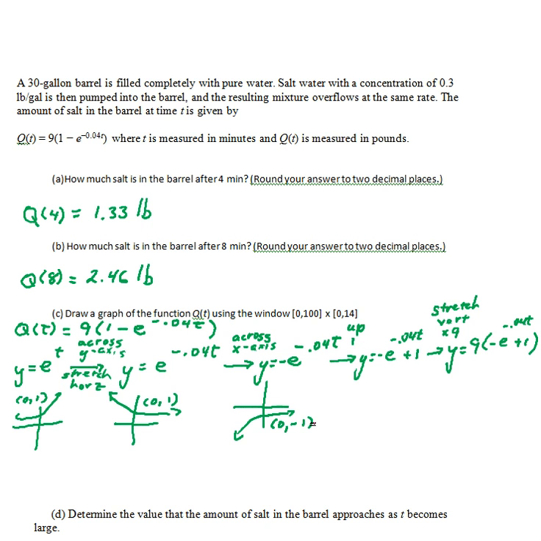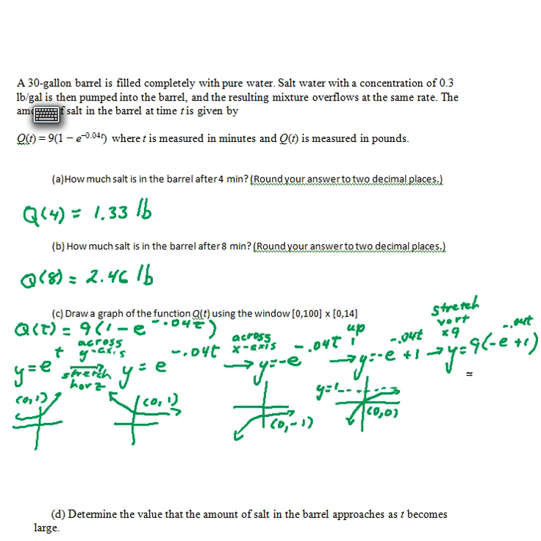We'll move up 1, which is going to move the horizontal asymptote up to y equals 1, but is also going to move 0, negative 1 up to the origin. So now the curve goes through the origin.